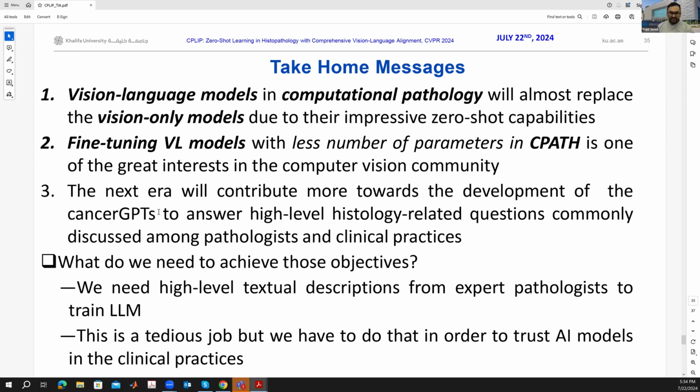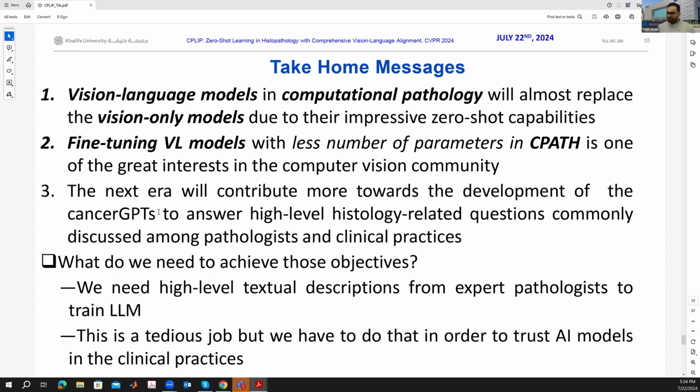So the question here is whether the vision-only model will be preferable in the future compared to the vision language model or not. If you look at the generalization capability of the UNI model, the CPLIP model and the Kunj model, you will see the vision language models are booming in the upcoming months, and they have almost beaten all the vision-only models. A lot of development is going on for improving the vision language models compared to the vision-only models.